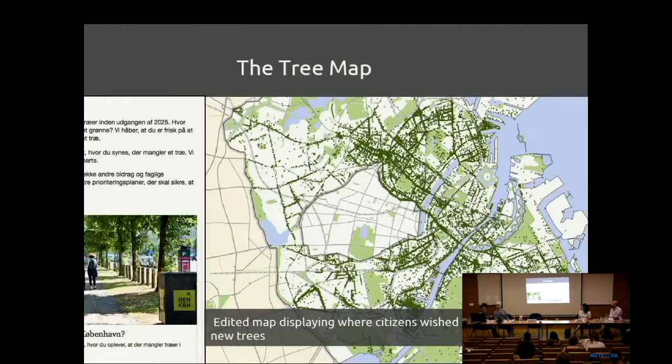Okay, so I'll tell you a bit about our specific case. As Sarah told you, it's a map. The reason behind making this map was that municipal planners and politicians wanted to know where the citizens wanted more trees. It's part of making the project of planting trees politically feasible.